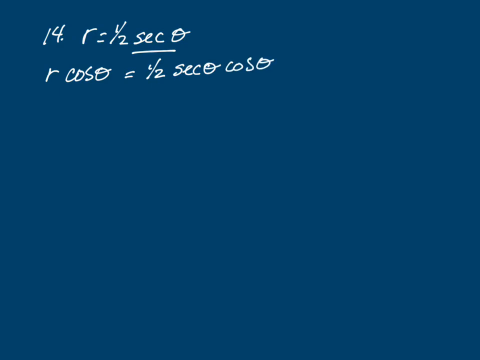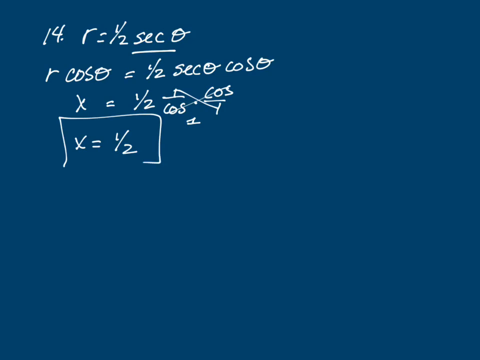So r cosine theta is x, which is equal to 1/2, and then secant is 1 over cosine times cosine over 1. That cancels out to 1, so it goes away. So x equals 1/2 would be number 14.